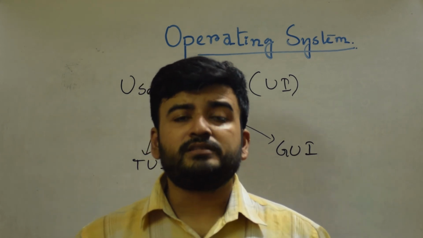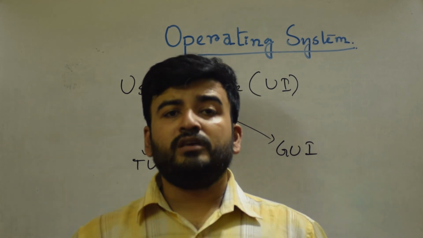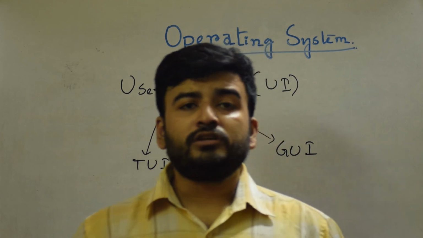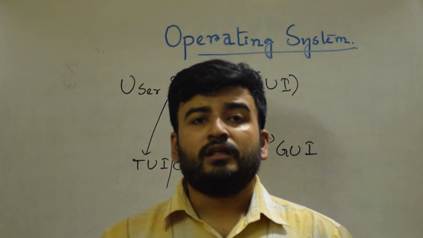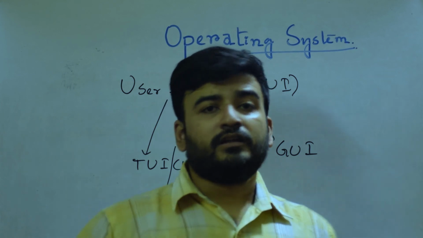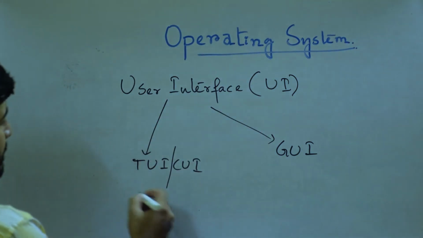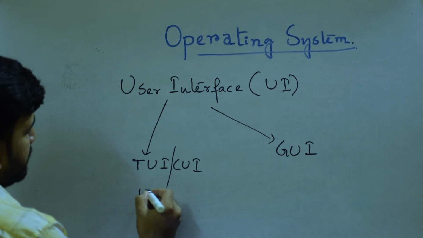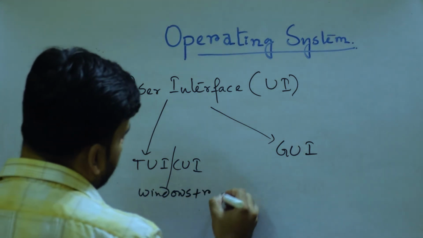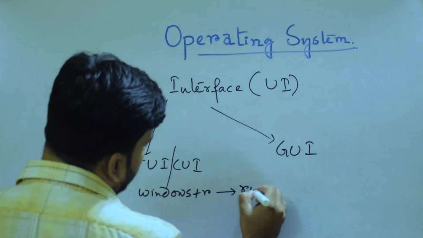Some operating systems can still be used with a text-based user interface. In this case, the commands are entered as text. That means if you press Windows plus R, it will open Run.